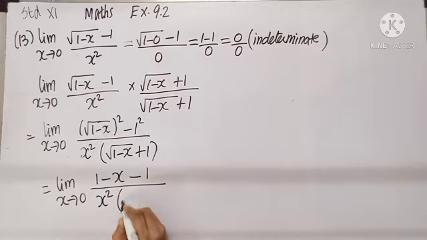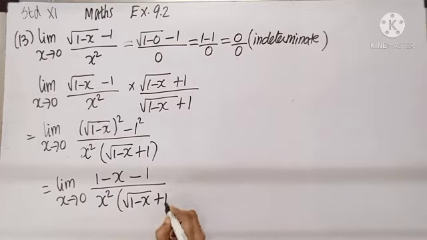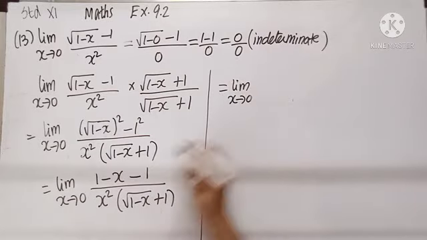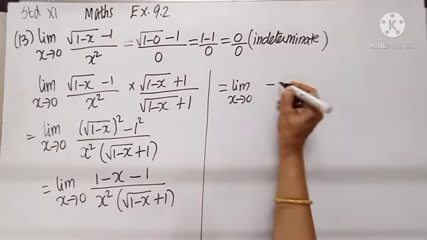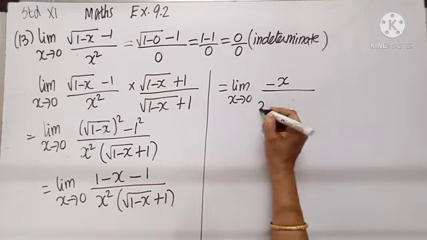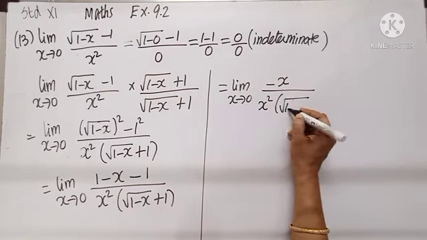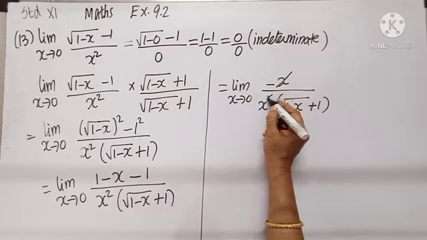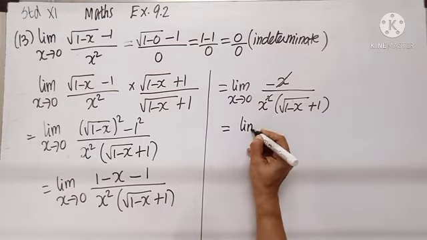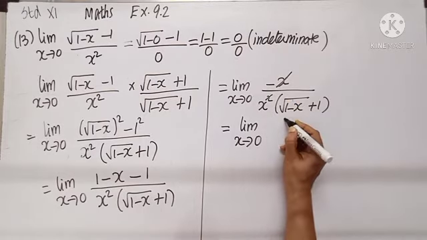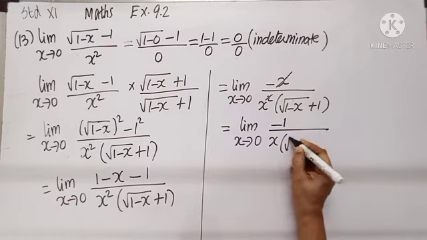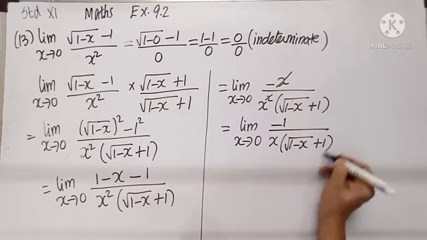Denominator x square into root of 1 minus x plus 1. As we simplify, limit x tends to 0, 1 cancels, minus x. Cancelling one x and the square, I am left with limit x tends to 0, minus 1 divided by x root of 1 minus x plus 1.